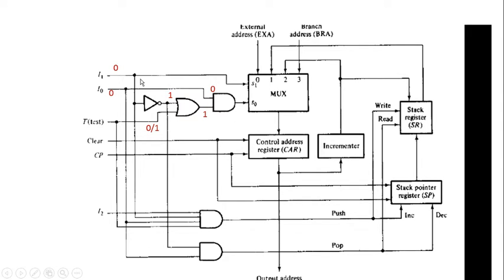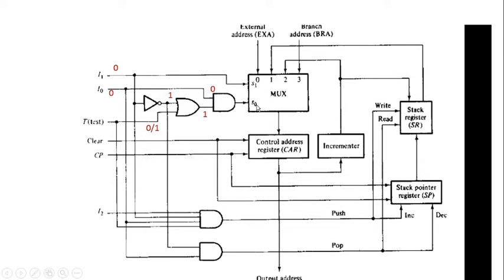Here, the complemented value of I1 is ORed with the test input value, which is ANDed with the I0 value. This forms the S0 input. Once more, the complemented form of I1 is ORed with the test input and is ANDed with the I0 input, which forms the S0 input.